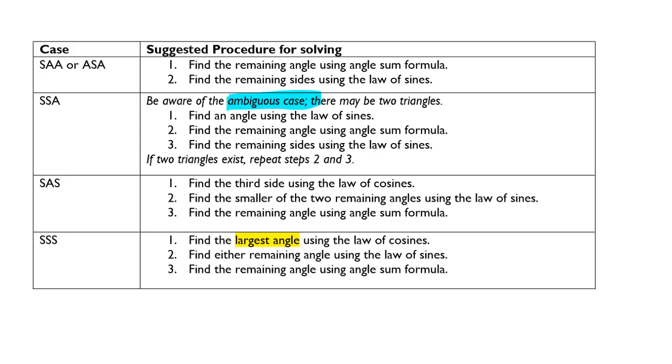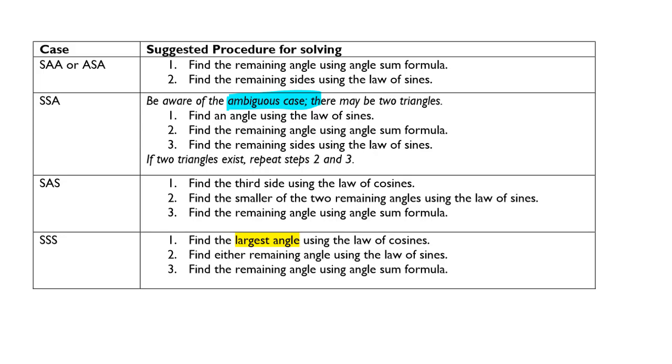So here are the basic concepts that we've covered so far. If you have an oblique triangle, you could have a side angle angle or an angle side angle given, and we suggest that the procedure to follow to solve for the angles and the sides would be 1, find the remaining angle using an angle sum formula, and 2, find the remaining sides using the law of sines.